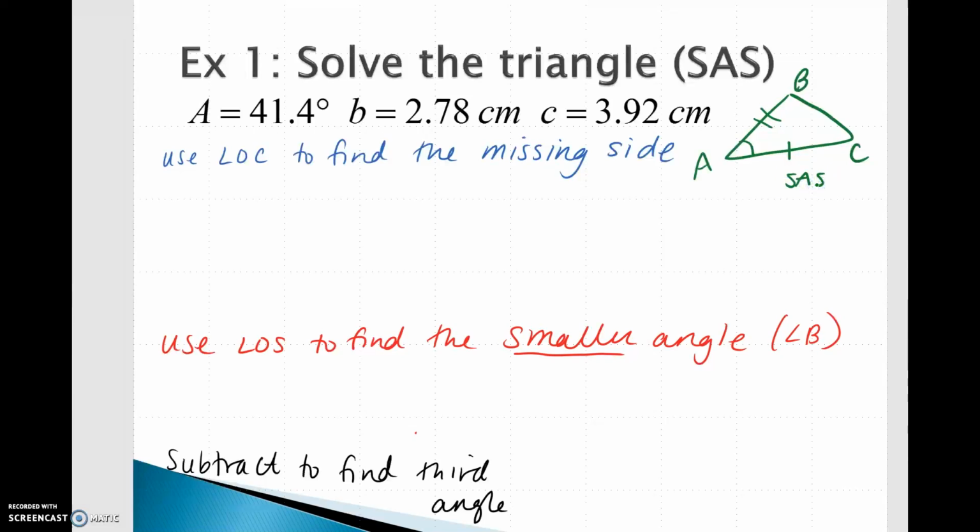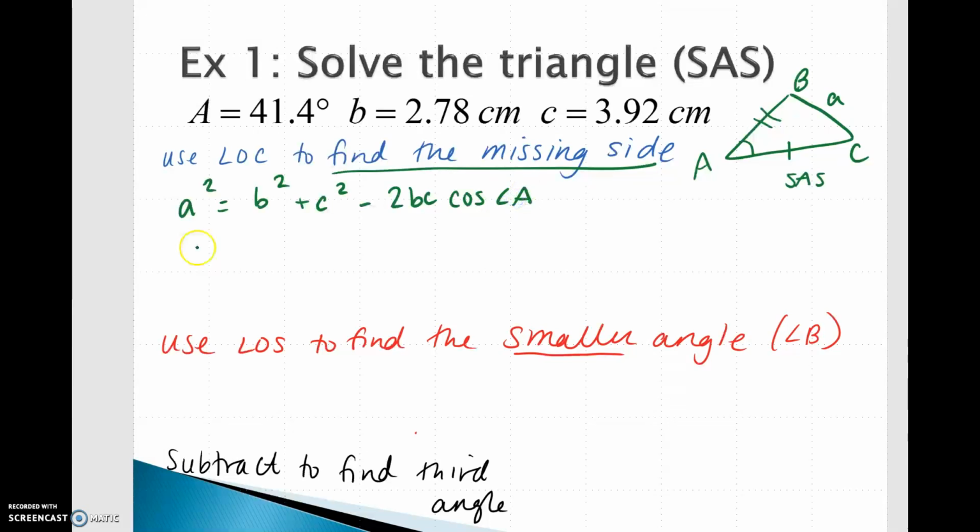So when we have a side angle side scenario, our strategy is going to be to use law of cosines to find the missing side. The side that I'm trying to find is A. So I'm going to start by saying A squared equals, and then I use the other two sides, B squared plus C squared. I subtract double their product, minus 2BC, and I multiply it by the cosine of angle A. So now I've got my game plan.